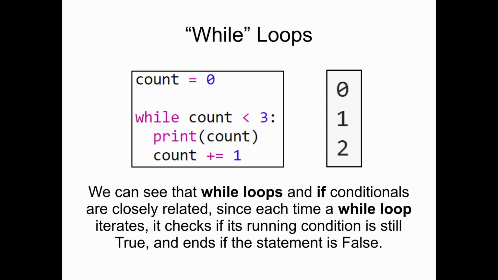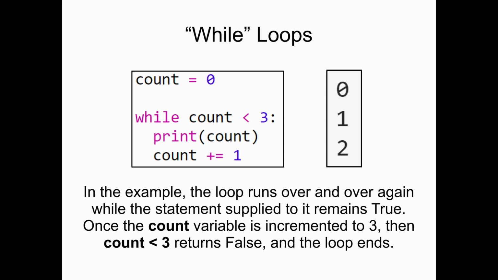We can see that while loops and if conditionals are closely related, since each time a while loop iterates, it checks if its running condition is still true, and ends if the statement is false. In the example, the loop runs over and over again while the statement supplied to it remains true. Once the count variable is incremented to 3, then count less than 3 returns false, and the loop ends.